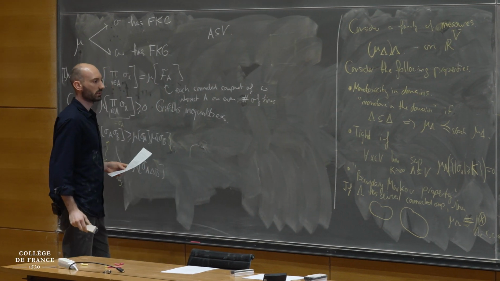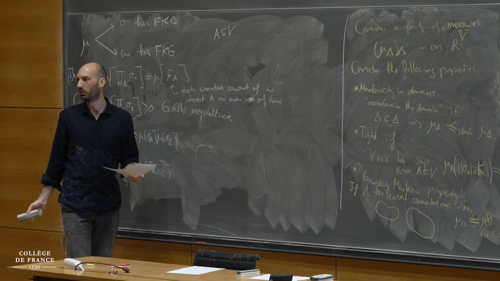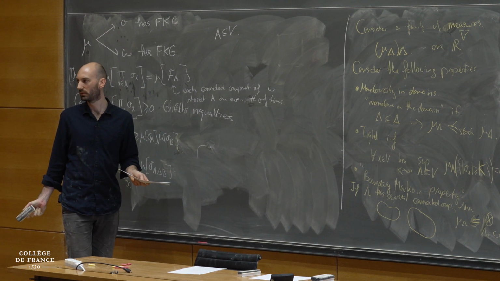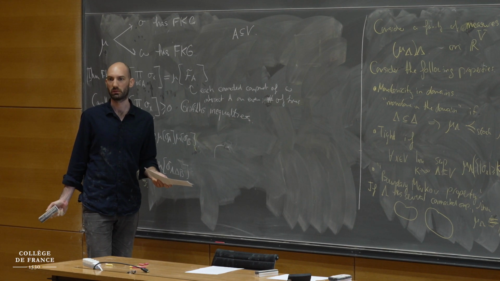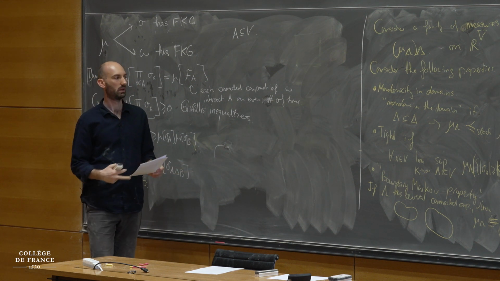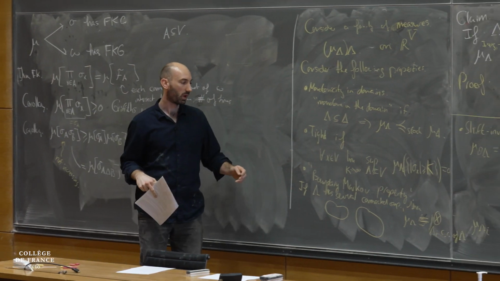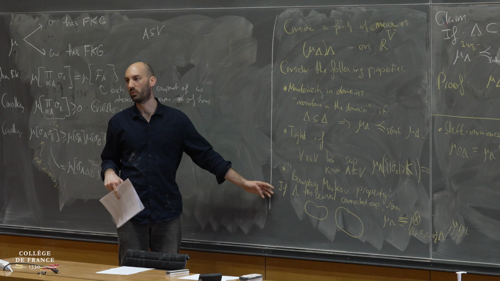So one thing that I want to stress is that there are models which don't have the Markov property. For example, you can think about FK percolation. Before we saw that if you have FK percolation, you have this factor 2 to the number of connected components. So this doesn't satisfy the Markov property, but under certain boundary conditions, it satisfies this weaker thing.